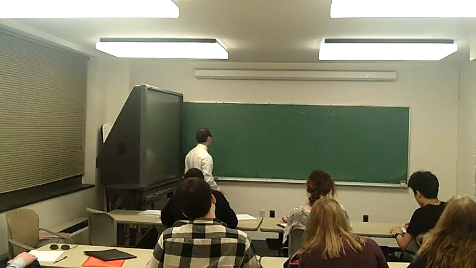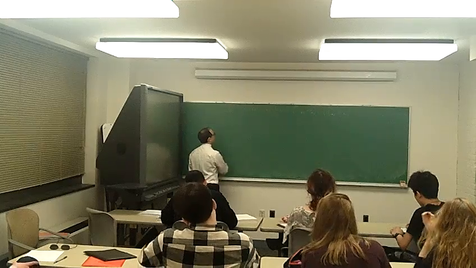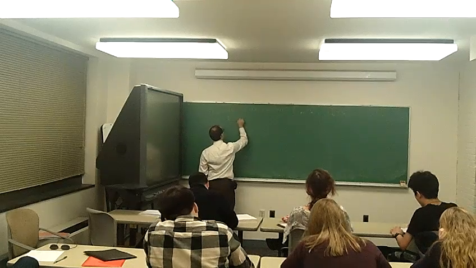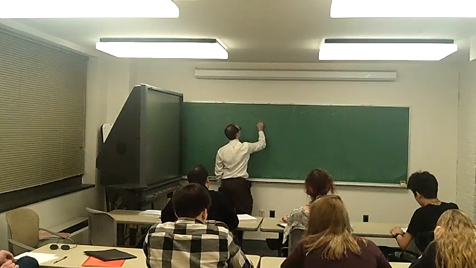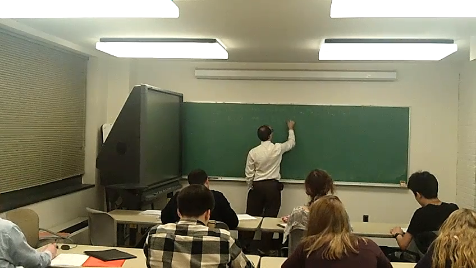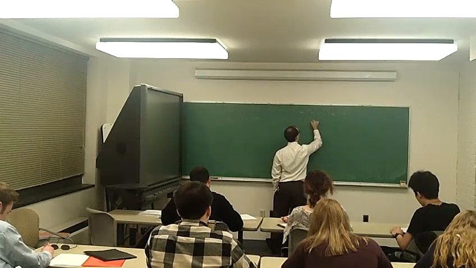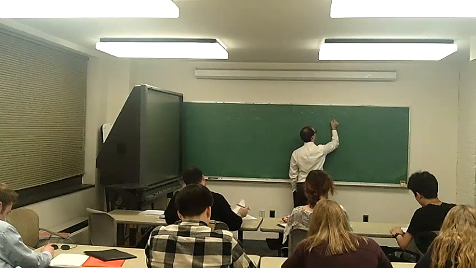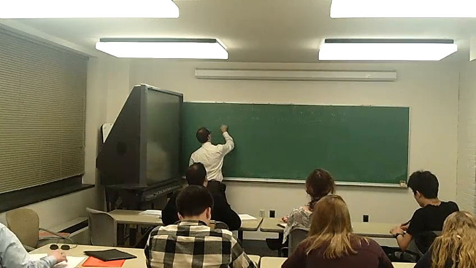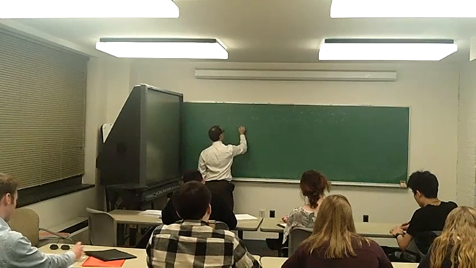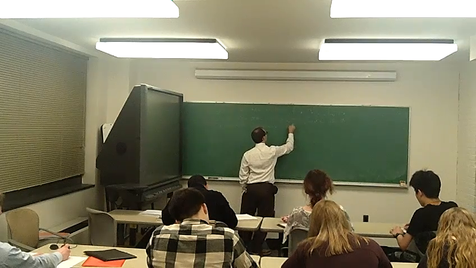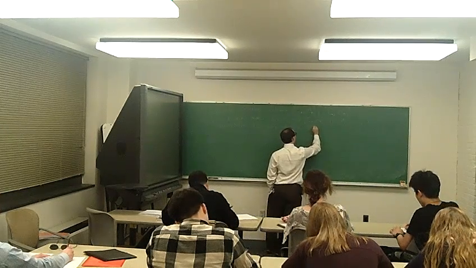Okay, so I've got 2 chain complexes like that. A chain map between them, a chain map from C to D, is a commutative diagram of the following form.